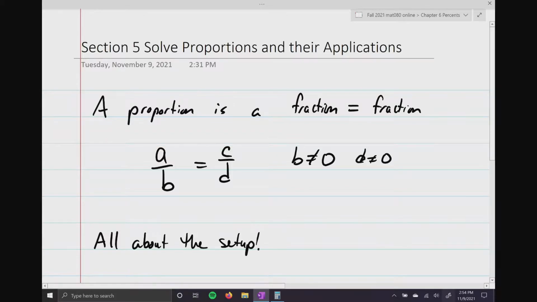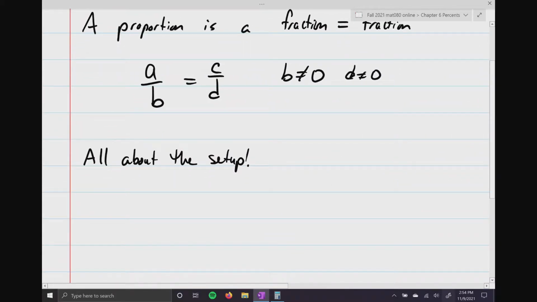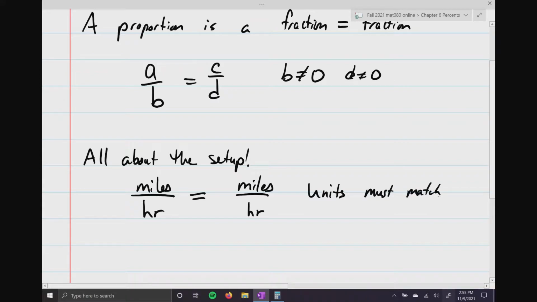So, for example, if you want to create a proportion with miles per hour, notice I have miles per hour as a fraction, which means if you're setting up the proportion, the units have to match. Units must match. For some reason, I see students flipping it, and I'm like, what are you doing? That's not a proportion. You've completely changed the problem.